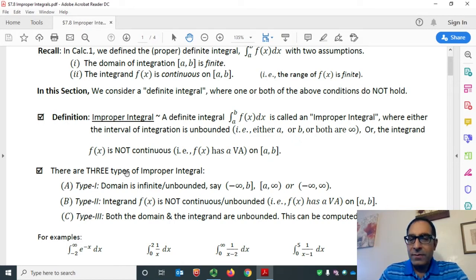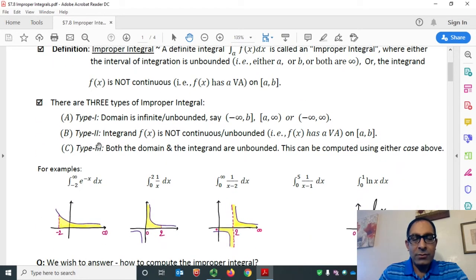There are three types of improper integral: type 1, type 2, type 3. In type 1, the domain is infinite or unbounded, say negative infinity to b, or a to positive infinity, or negative infinity to positive infinity, meaning both endpoints are infinite.